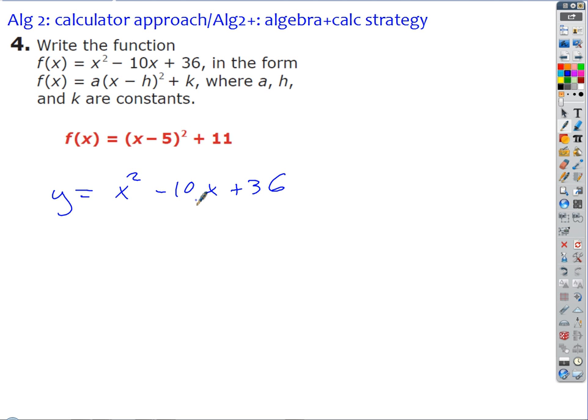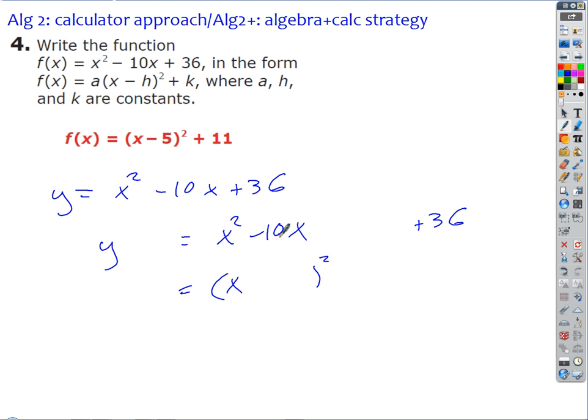So we could say y equals x squared minus 10x, and let's just keep the plus 36 over here. What's the number I would have to add to those first two to complete the square? Because I'm going to end up getting some perfect square there. Remember that stuff?